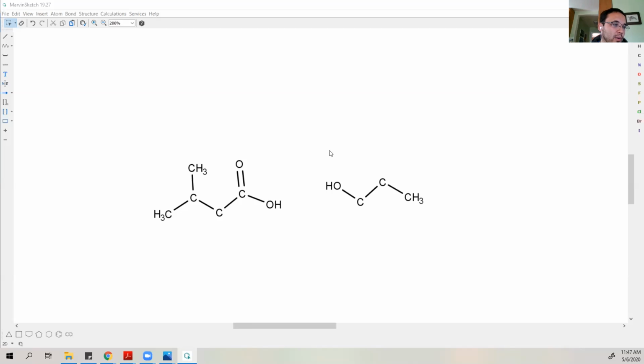So what functional group do we have in this second compound? Very good. It's going to be an alcohol.